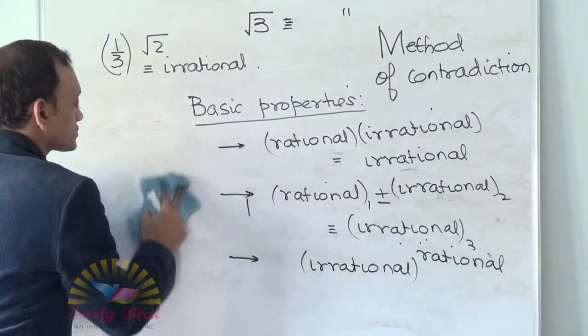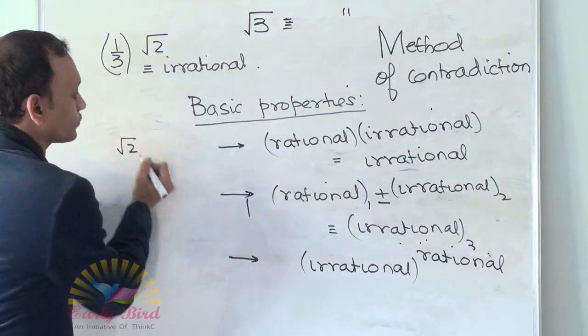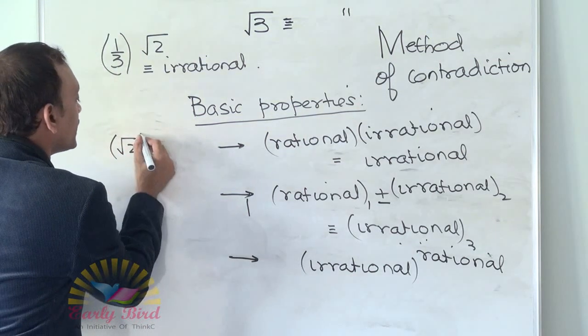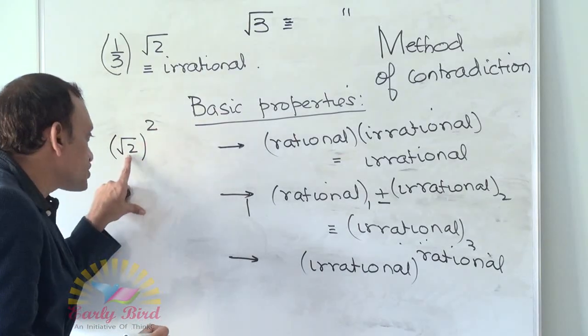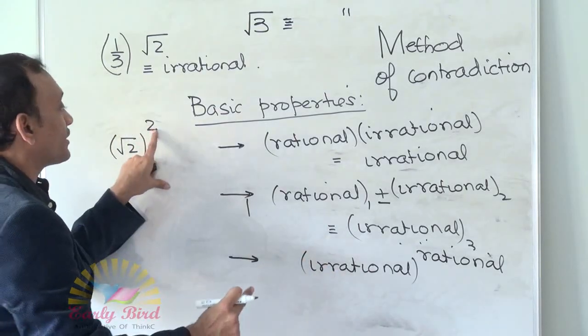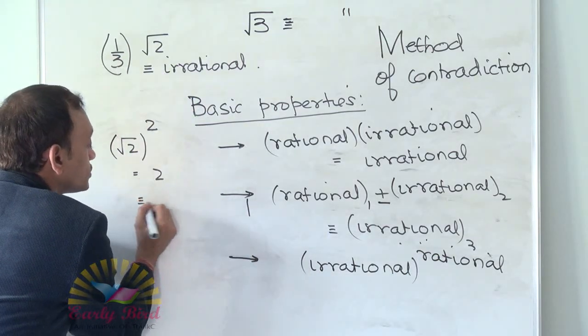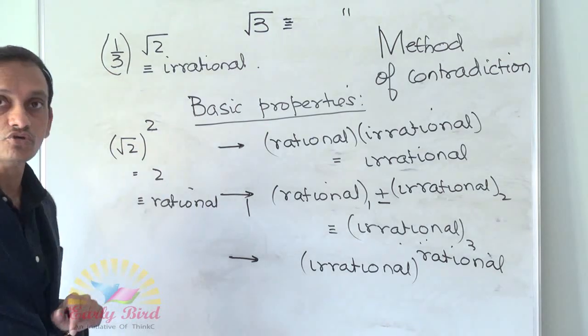Because, say, I take an irrational number root 2 and I raise it to the power 2. 2 is a rational number. So this is irrational to the power rational, and this turns out to be rational.